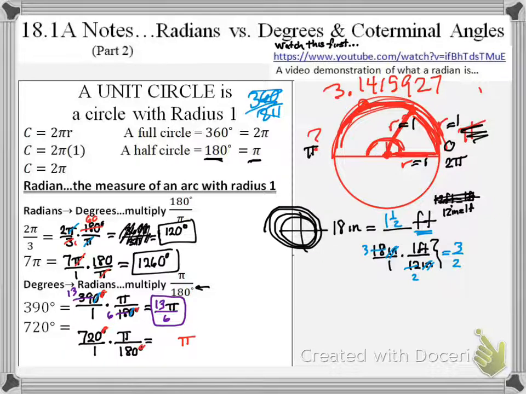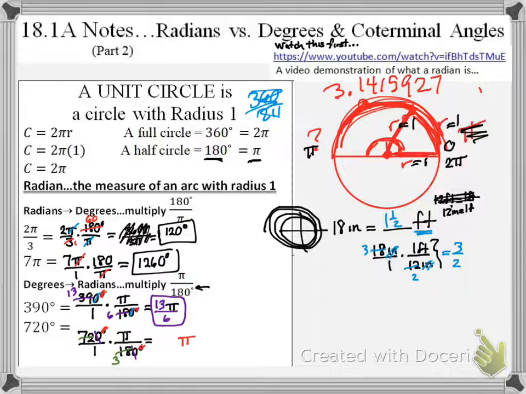Look, the rest, what can I reduce? 10 goes into there 72 times, 10 goes into there 180. Do you know that 18 goes into 72? Maybe you don't. Maybe what you do know is that 6 goes into both of them. That'd be a good starting place. 6 goes in here 3, and 6 times what is 72?